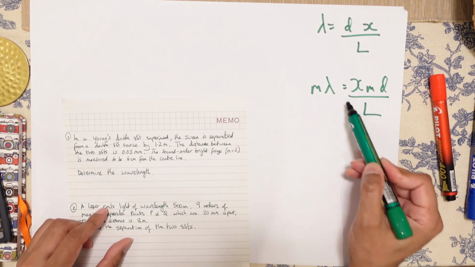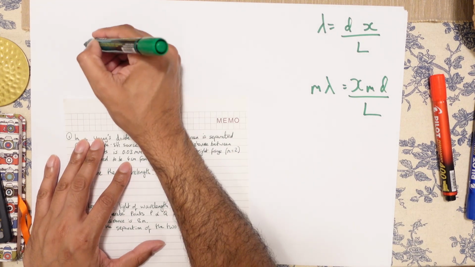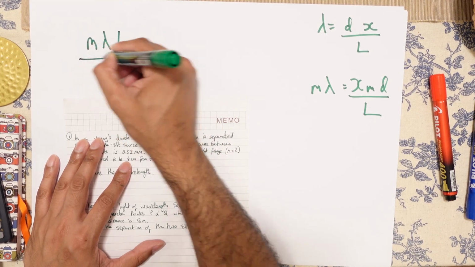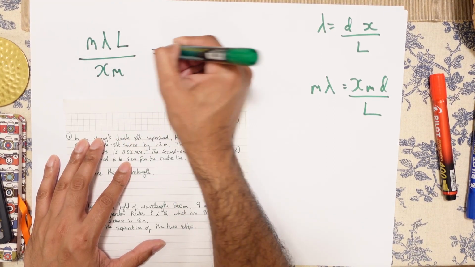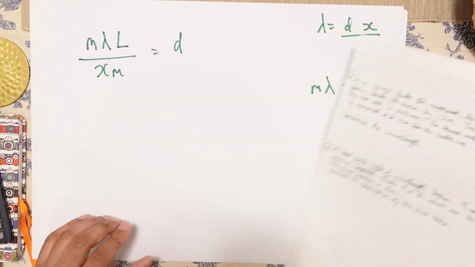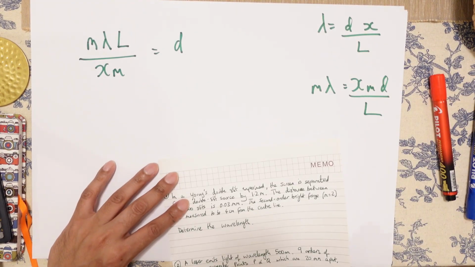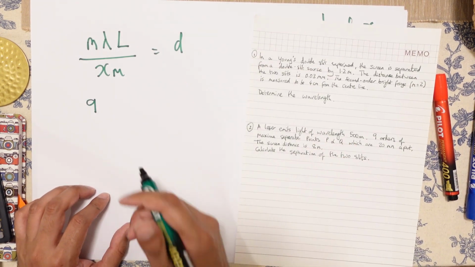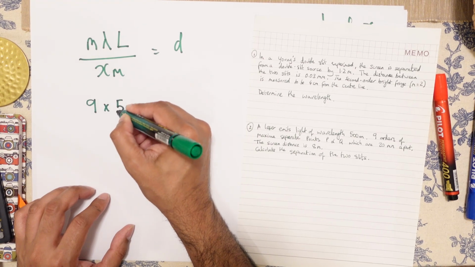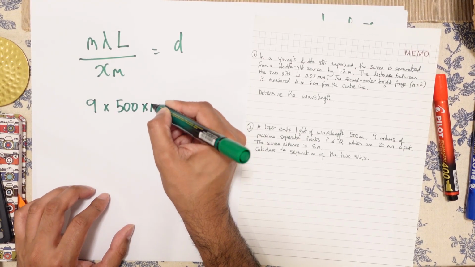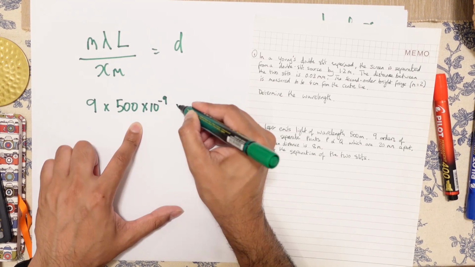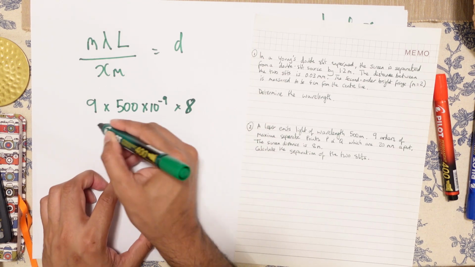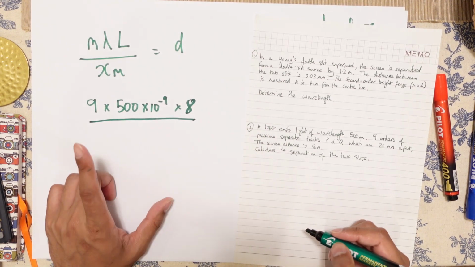So what happens is the L goes up there. So m lambda L divided by xm is going to be d. So let's work this out. So m is, according to our thing, 9. Lambda, the wavelength, is 500 nanometers. Now, nanometers is 10 to the power of minus 9, times L, which is the screen distance, that's 8 meters, divided by xm.